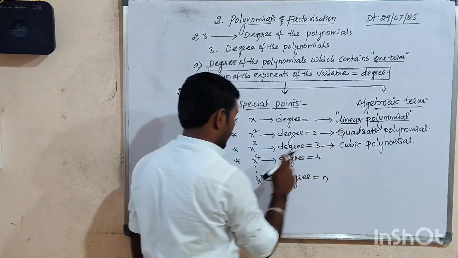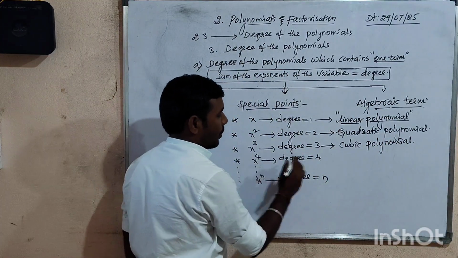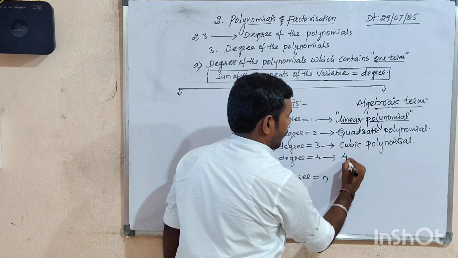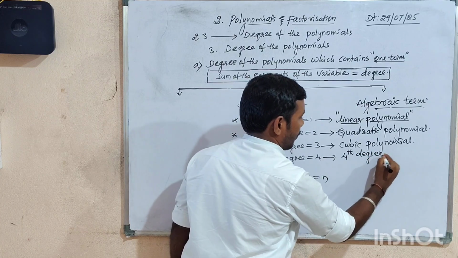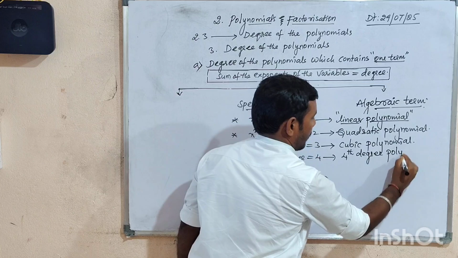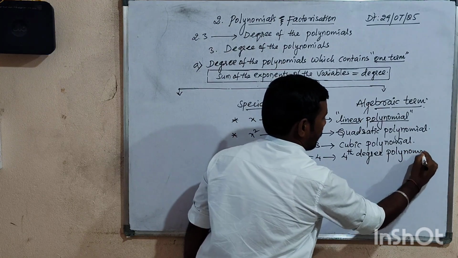The algebraic term which contains degree 4 is called a fourth degree polynomial.